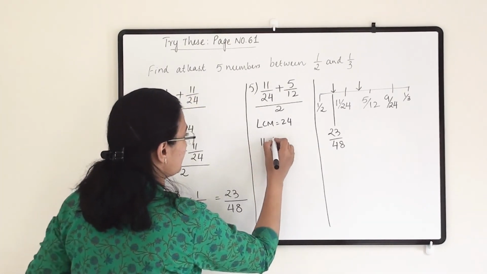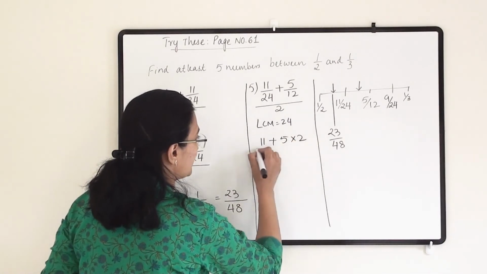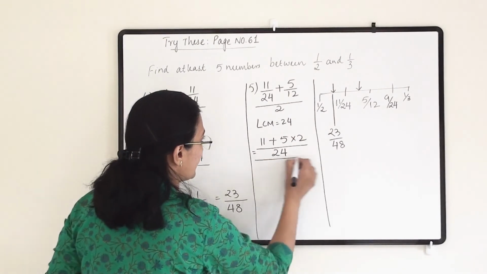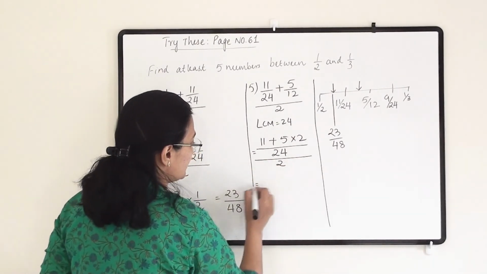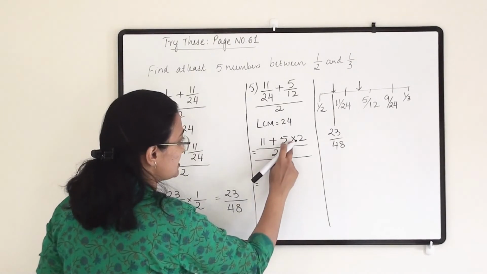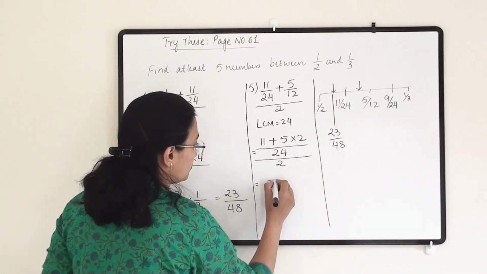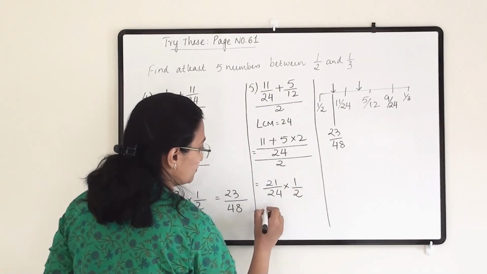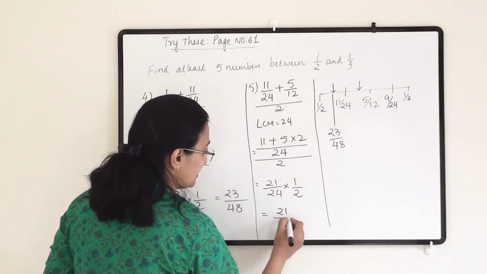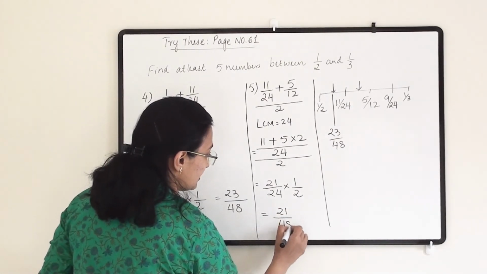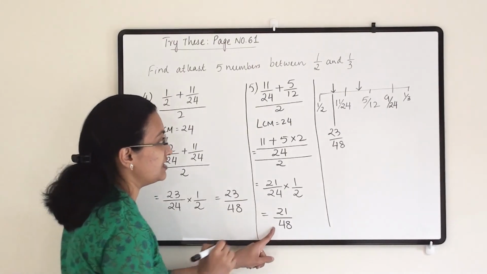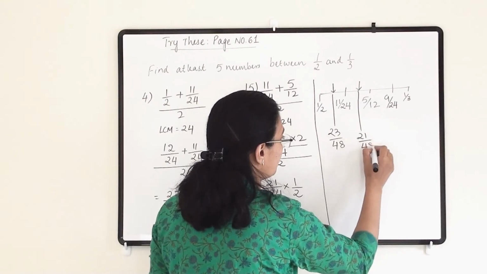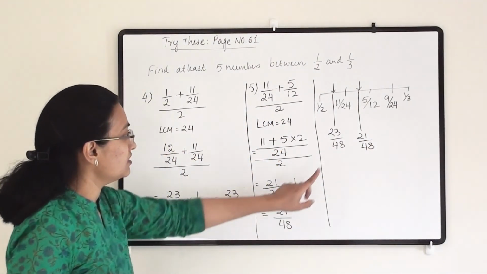So 11 plus 5 into 2, so that it becomes 24. So 24 will be in the denominator and 2 will be in its denominator. Here 11 plus 10 we get 21 divided by 24, multiplied by 1 divided by 2. So we get 21 divided by 48. So this number is 21 divided by 48. That is our fifth number.